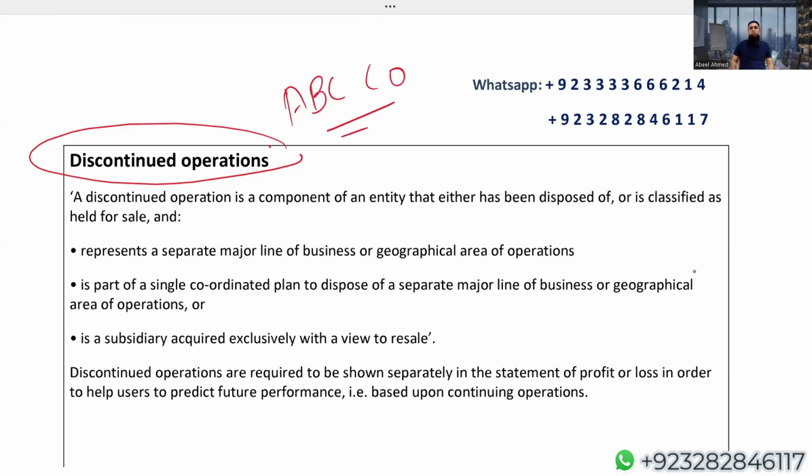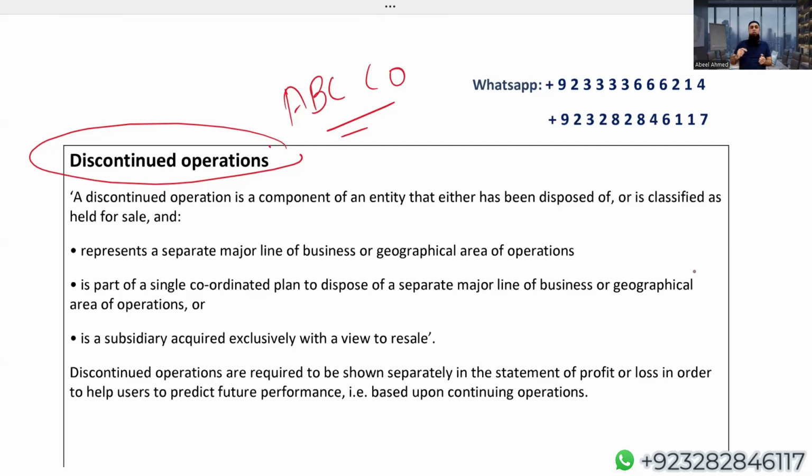Assume ABC company is running two different businesses. One business deals in product A, another deals in product B. Both are different products, in different industries. The markets are different, everything is different.